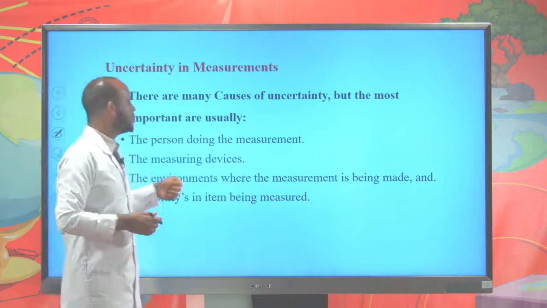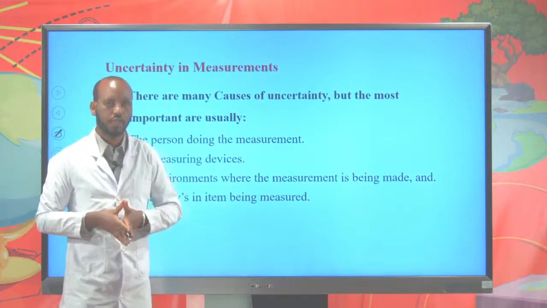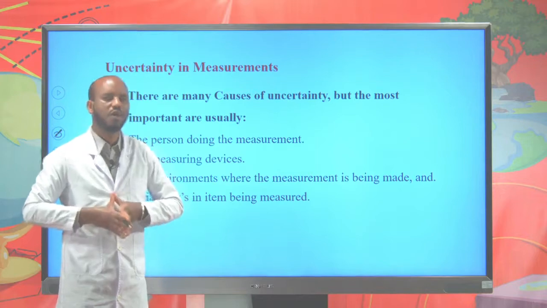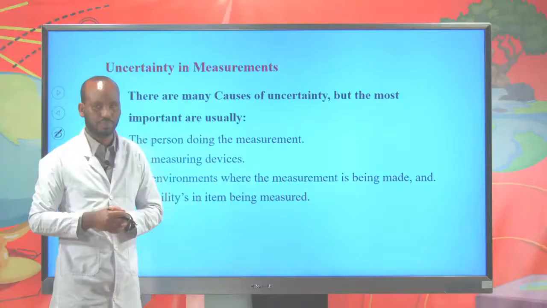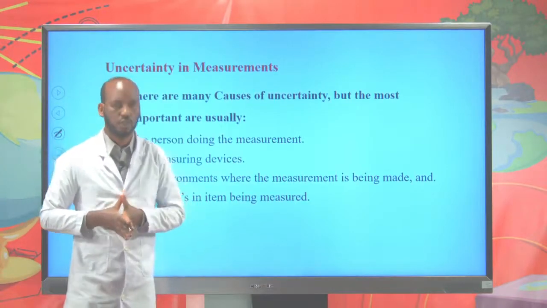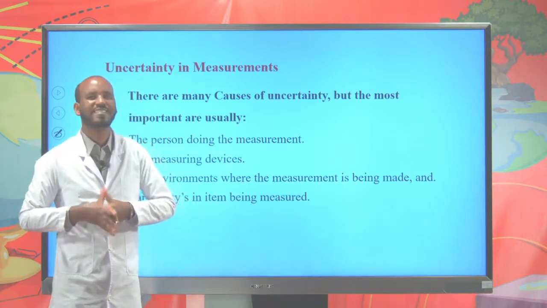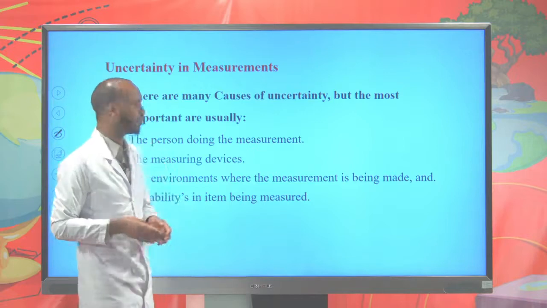Three, the environment where the measurement is being made is also a cause of uncertainty. Four, variabilities in the item being measured. These are some causes of uncertainty. Therefore, numbers obtained by measurements are always uncertain. They have some uncertainty.